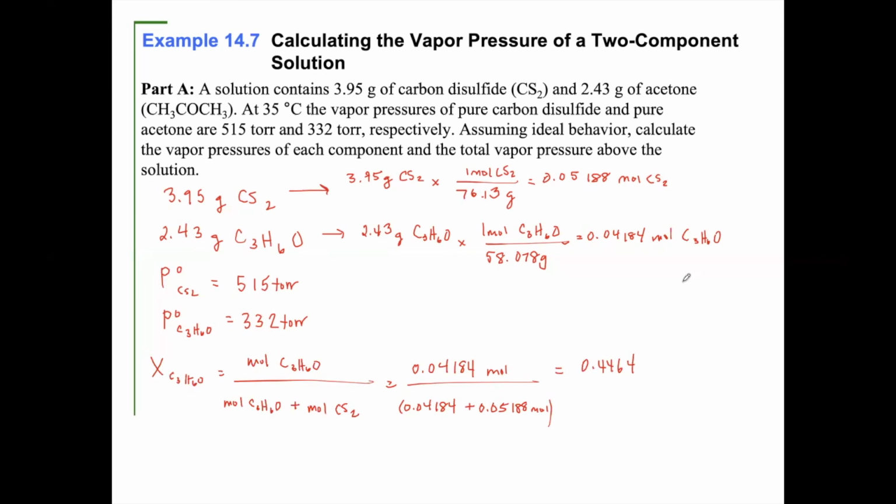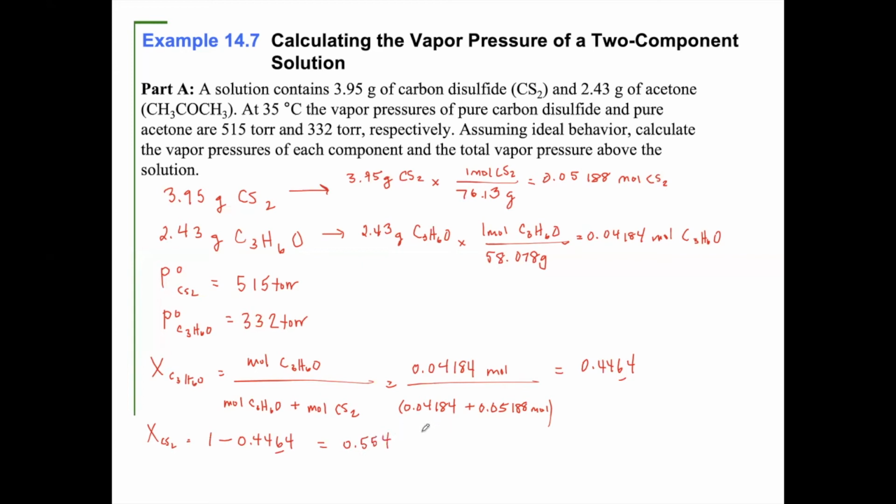And remember, mole fraction is unitless. So therefore, the mole fraction of the carbon disulfide is just 1 minus the mole fraction of the acetone, because just like all percentages add up to 100, all fractions add up to 1. And I should be underlining my sig figs here, pardon me.